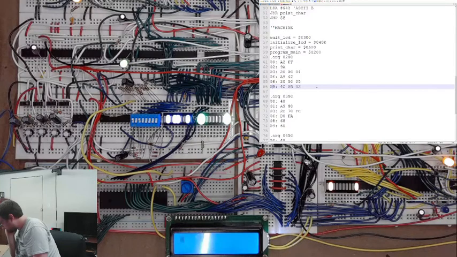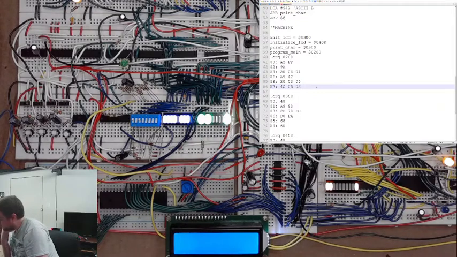Hopefully it didn't ruin the code. Or maybe I really am just not letting it run long enough. Well, no, because it goes into ROM.